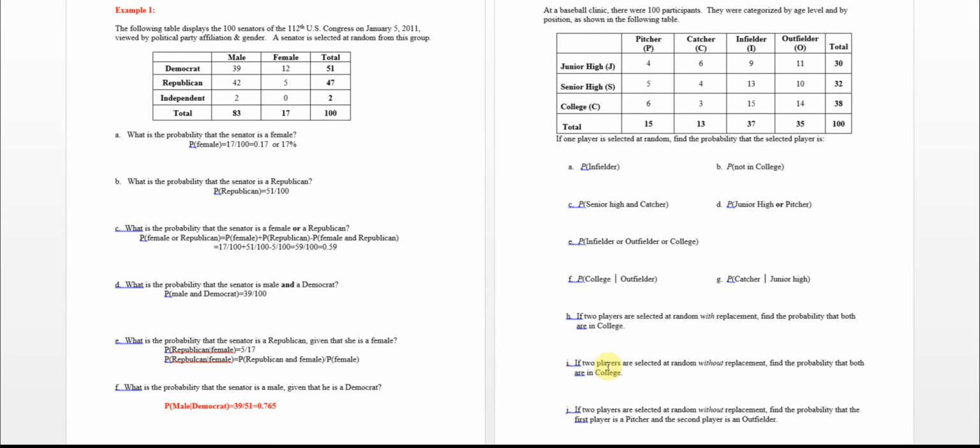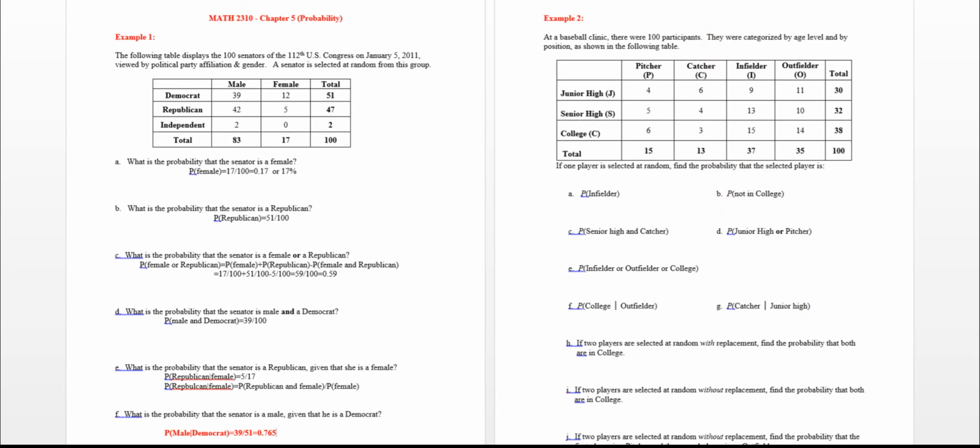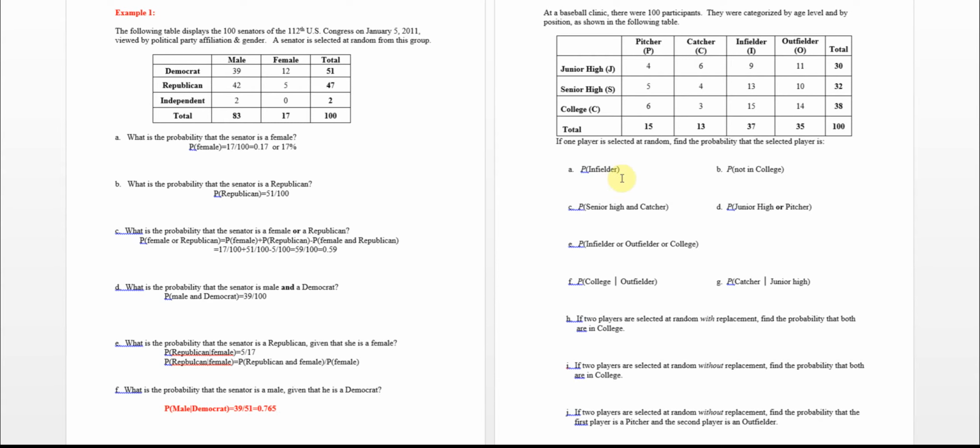Okay, let's go to our second example. This one is looking at a baseball clinic amongst high school and college students with different positions, and looking at where they're at. So some probabilities to find there. We're selecting one player at random and asking, how likely is it that they're this?